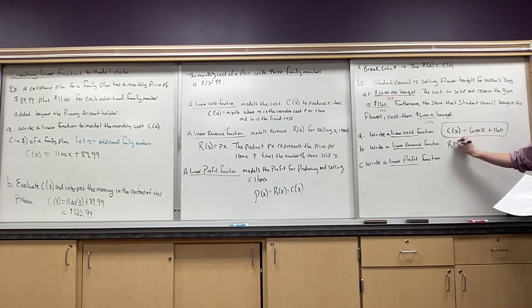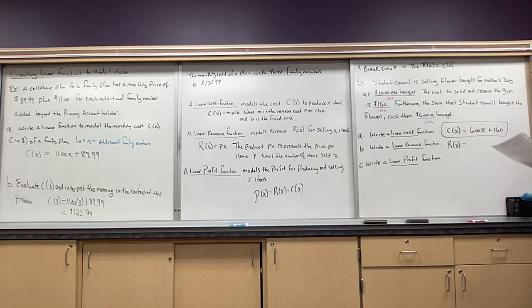My revenue, how much am I making for each one? Well, this is an easy one. I'm selling them for $10 apiece, however many I do sell. So that'd just be R of x equals 10x, okay? So far so good with that?